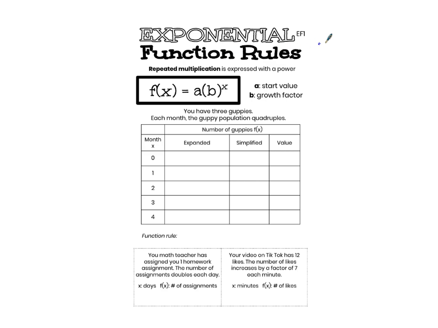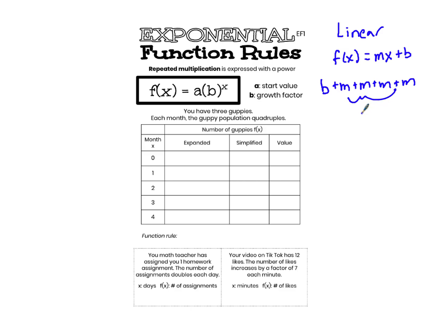Exponential function rules. We have spent a lot of time on a different type of function rule, a linear function rule. A linear function rule is one of the form f of x, or y, equals mx plus b. This linear function rule represents a linear pattern in which I start with some value b, and then I repeatedly add m, plus m, plus m, plus m, plus m.